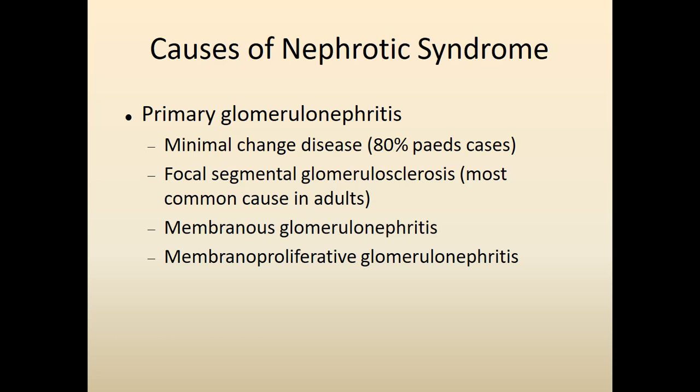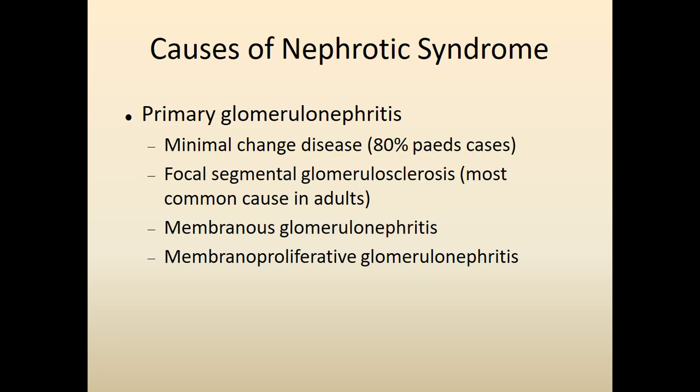The primary glomerulonephritis lesions in the classification of nephrotic syndrome are: minimal change disease, 80% of pediatric cases, focal segmental glomerulosclerosis, most common in adults, membranous glomerulonephritis, and membranoproliferative glomerulonephritis.